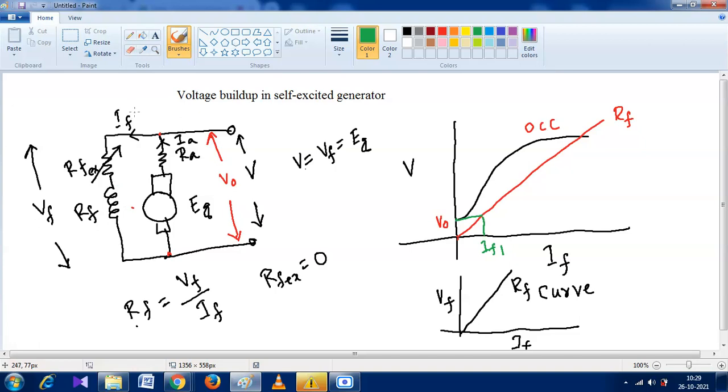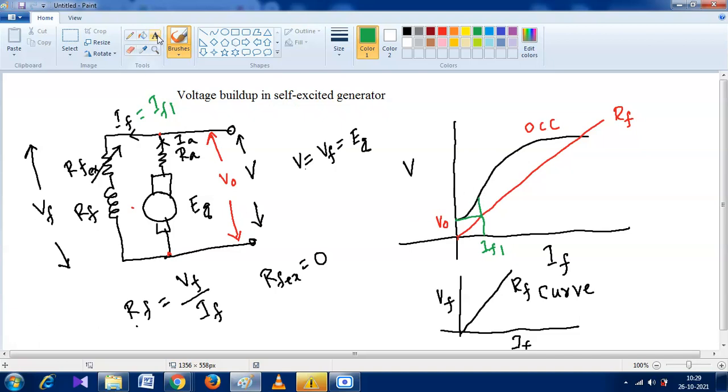Now the value of field current is IF1. Due to the field current there should be some flux generated on the field coil, and there is some residual flux. Since these are additive in nature, the voltage generated goes up to this level.